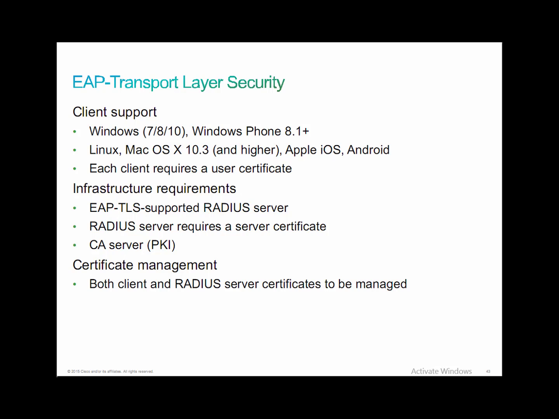That's because each client has to have their own certificate that is personally issued and installed on their machine if you want to perform TLS authentication. All right, so that's one of the downsides to this process. And then, of course, all your AAA servers, ICE or Radius servers or whatever, have to have their own certificates as well.